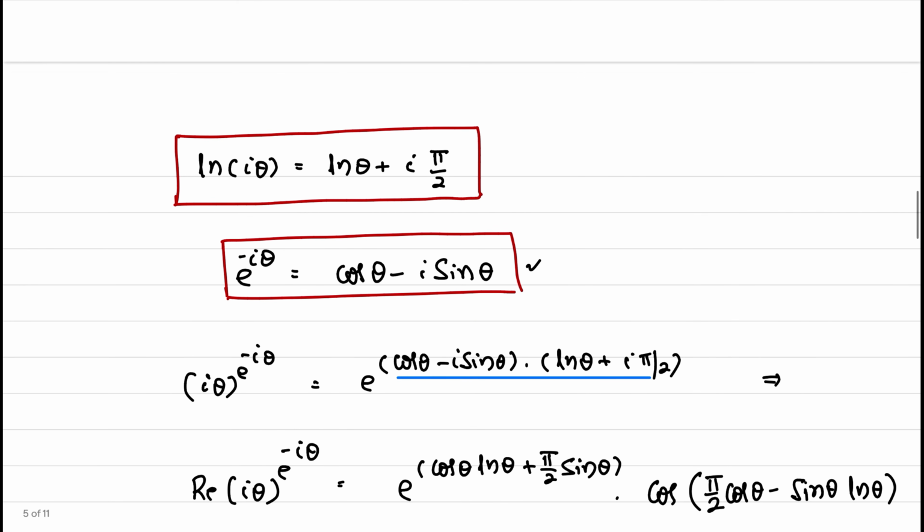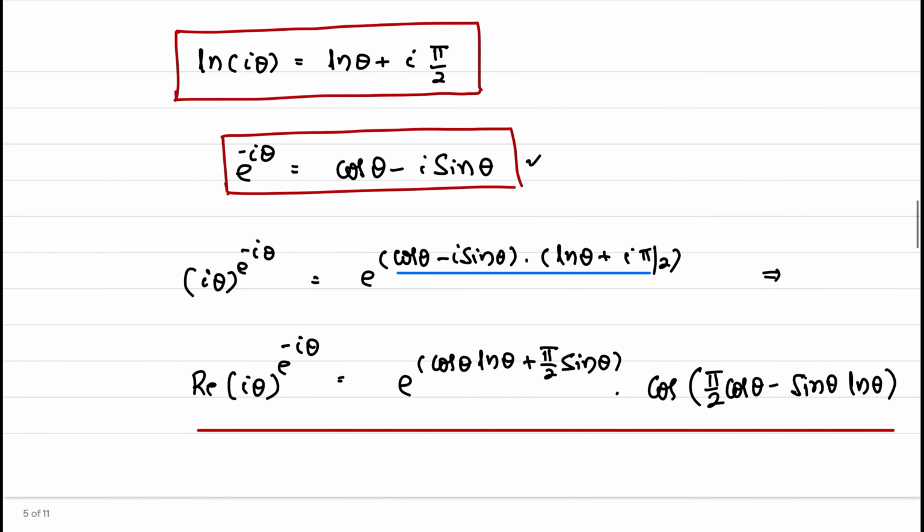Then e to the power of this exponent, (cos theta minus i sin theta) into (ln theta plus i pi by 2), will be equal to cos theta ln theta plus pi by 2 sin theta plus i into (pi by 2 cos theta minus sin theta ln theta).